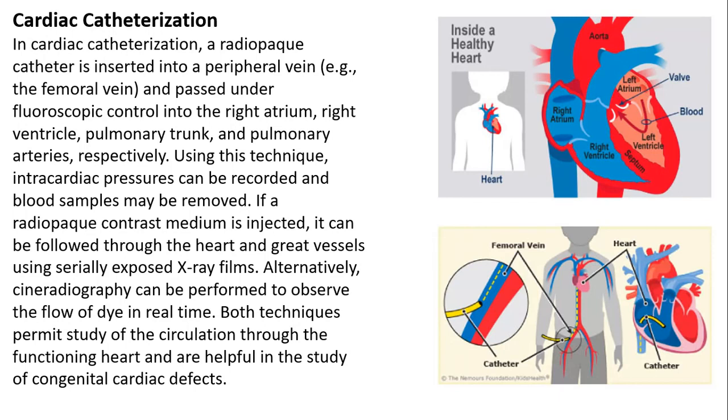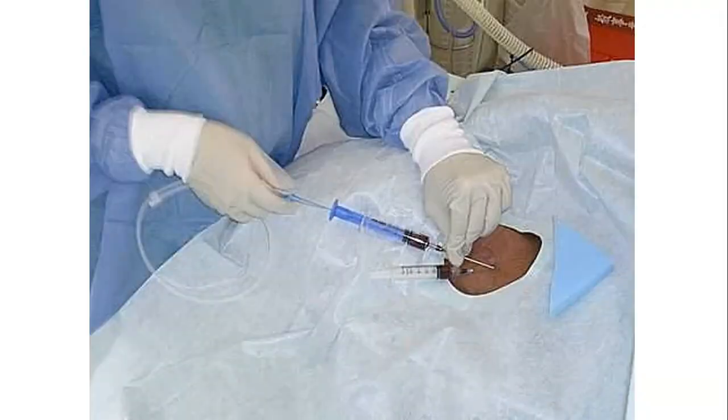So the thing is how this cardiac catheterization is done. Here you see the procedure is performed under full sterile conditions. All the sterile measures are taken. The area is covered with cloth, and sterile needles are used.